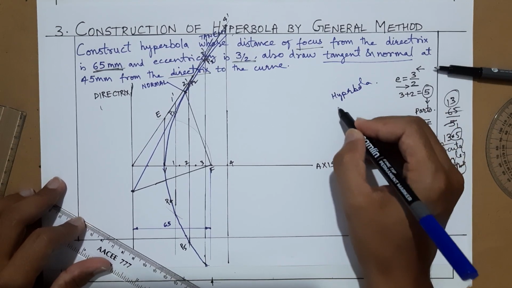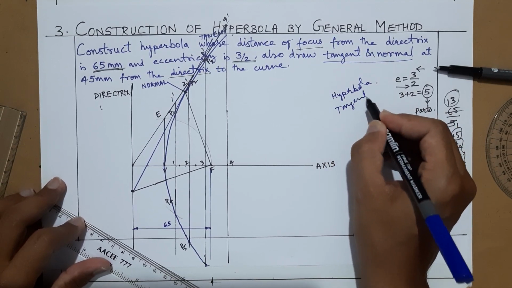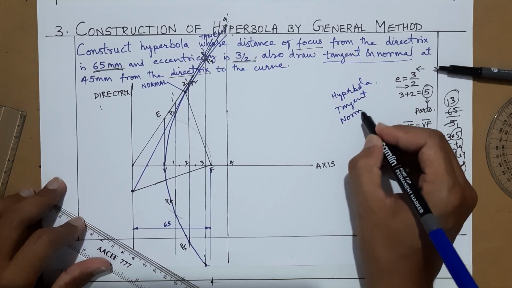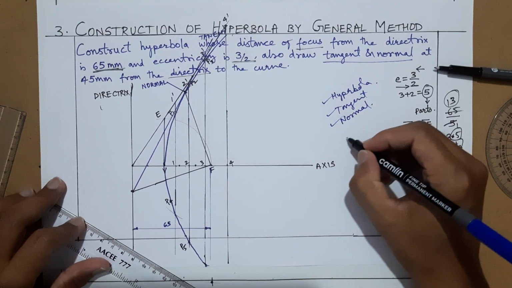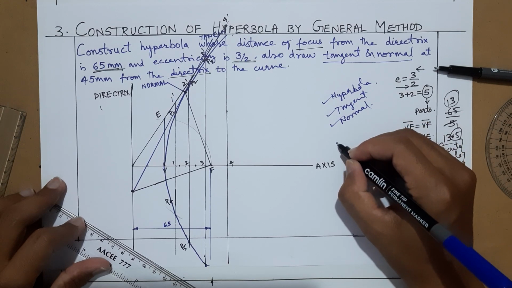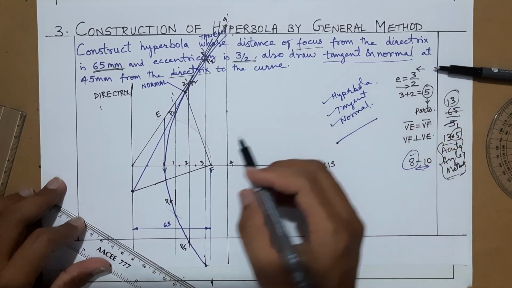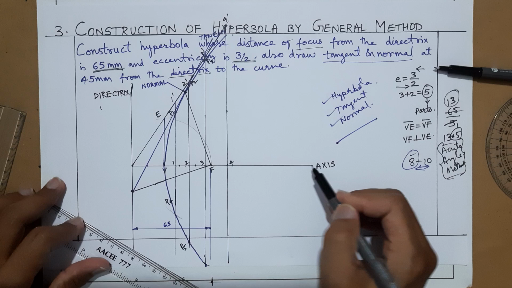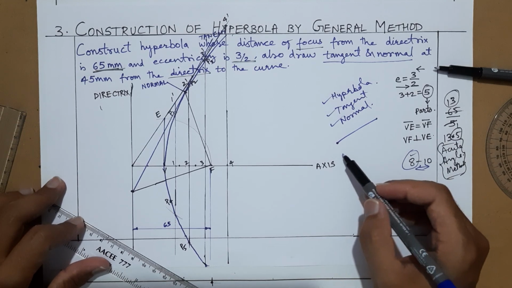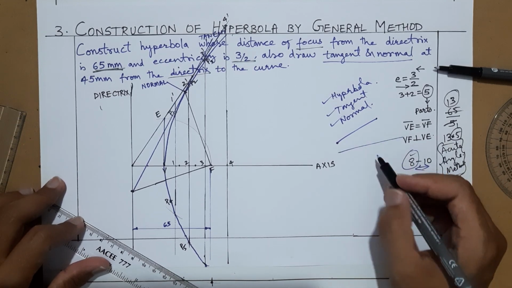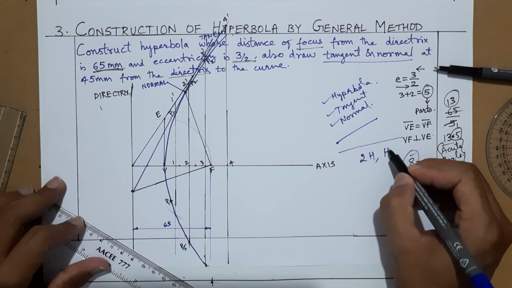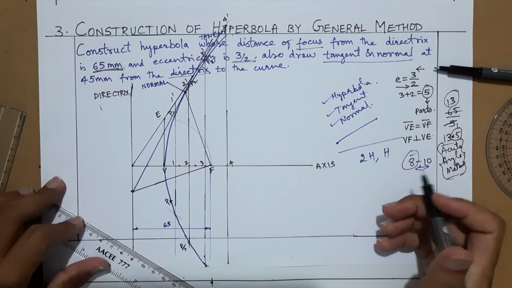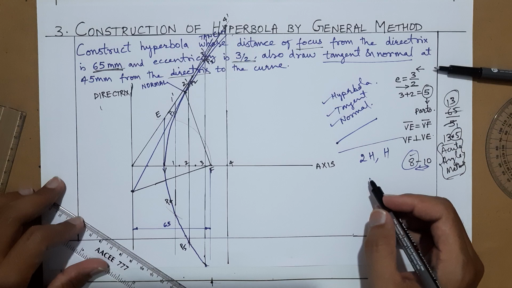One very important thing which I would like to tell you: your hyperbolic curve, or say hyperbola, tangent and normal, these three things should be dark or with a thicker line or thicker curve. Other than that, this vertical line, directrix, axis, you can take thin line. Thin line means like this, less pressure. So for thin lines you can use a 2H pencil or H pencil depending upon what your organization or college is following.